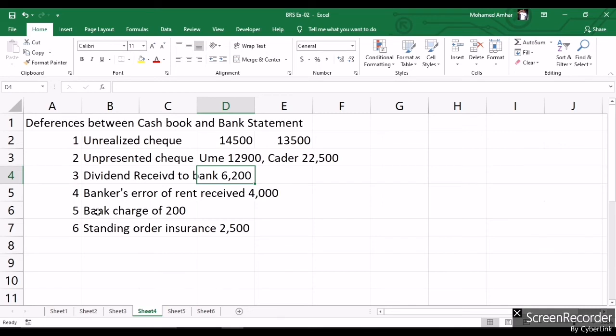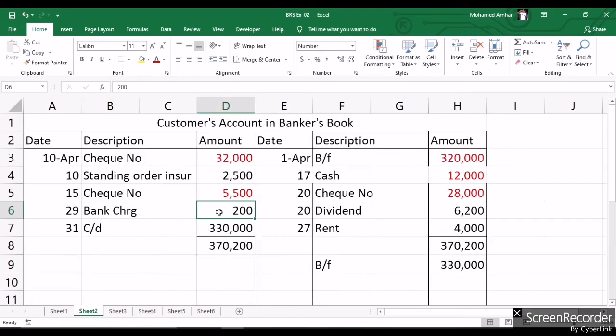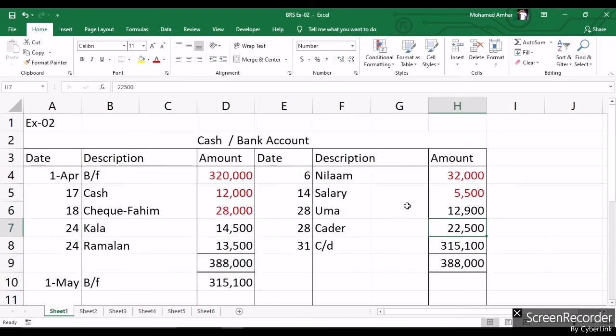The next difference is this bank charge of 200. Bank charge charged by the bank is correct. So that is one correct action done by the bank. But we haven't credited that in our cash book. Although the bank charged it, we haven't credited it.